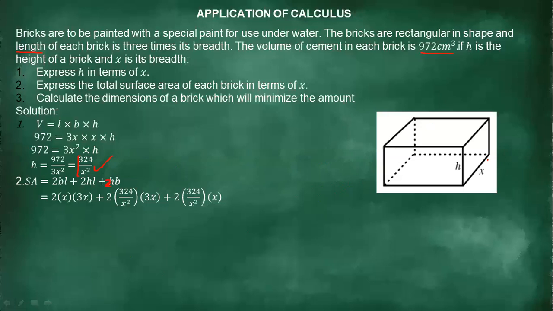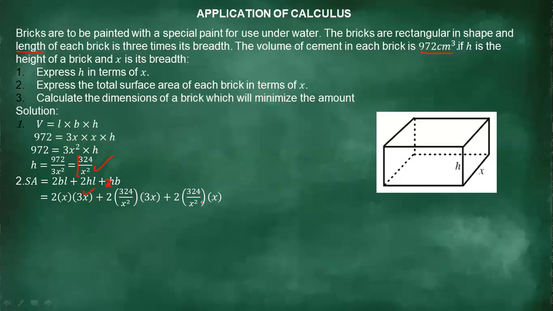Now we can see breadth is x, then of course the length is going to be 3x because it's 3 times its breadth. Hence you can see for length we have substituted with 3x there, and then height, of course height we have determined it, which is 324 over x squared, and then the length is the same, 3x there.